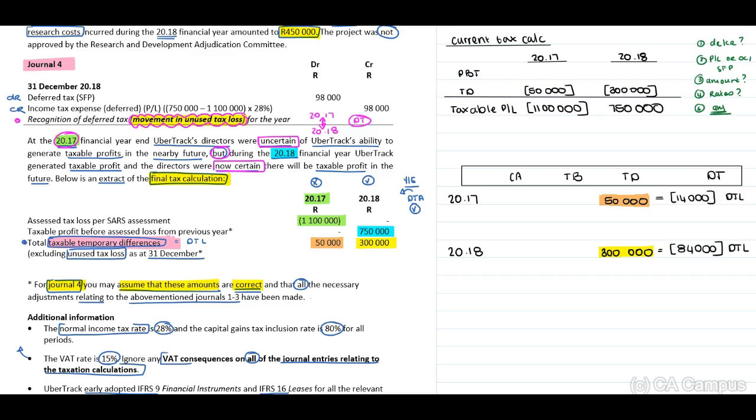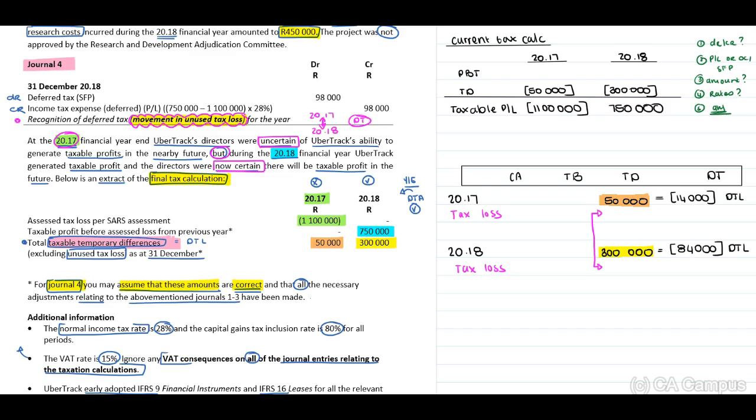Right. Now, remember, we now need to focus on the unused tax loss movement. Therefore, this will be the unused tax loss movement. I'm just going to indicate your tax loss and then our tax loss. Therefore, we need to determine what is the movement from 20.17 till 20.18. Right.